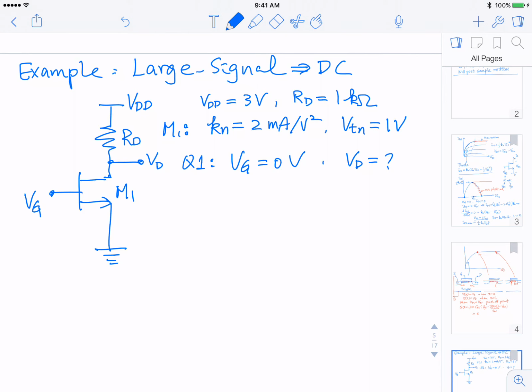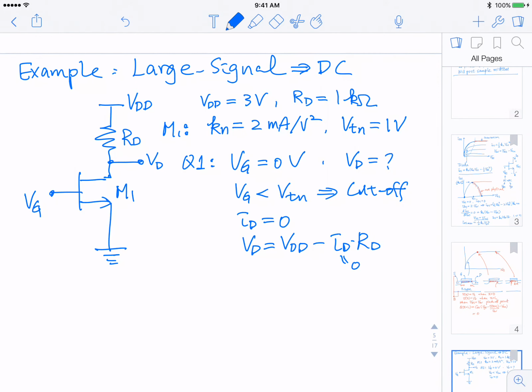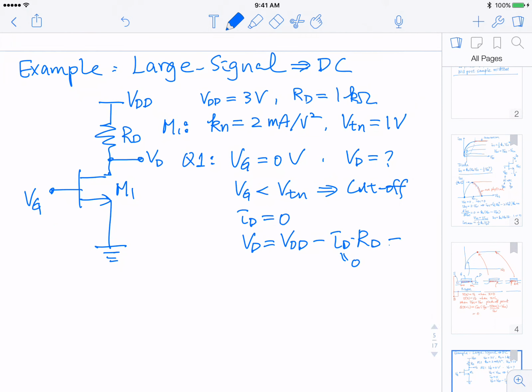So Vg is less than Vtn, so this is in the cutoff mode. In cutoff mode, IDS is equal to 0. And Vd is equal to VDD minus the current times RD. Since there's no current, it's simply equal to VDD.